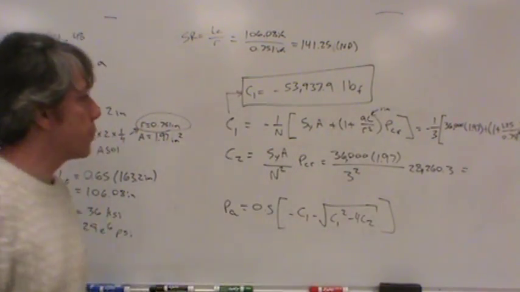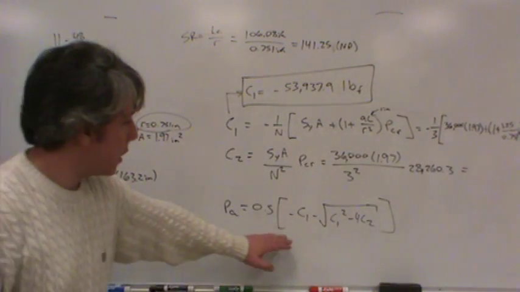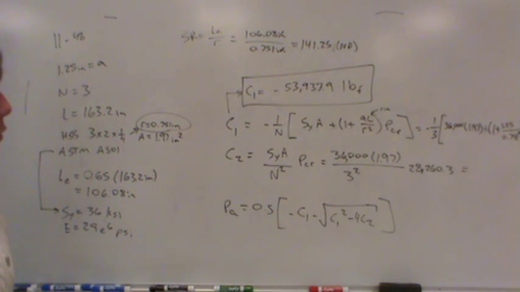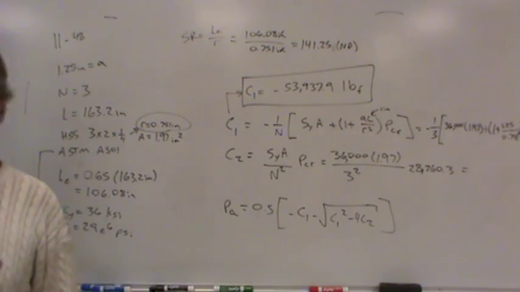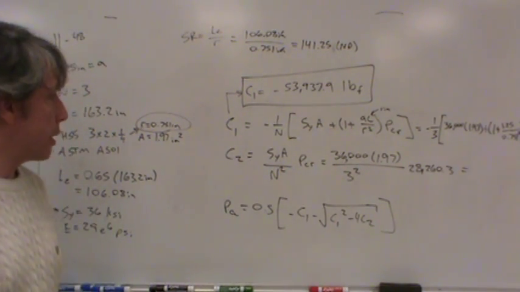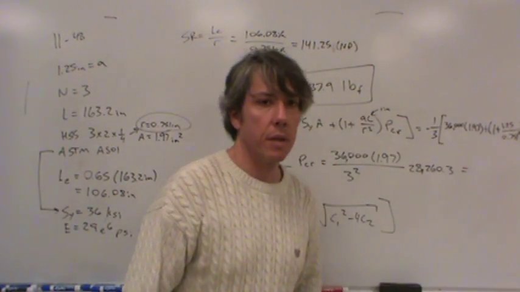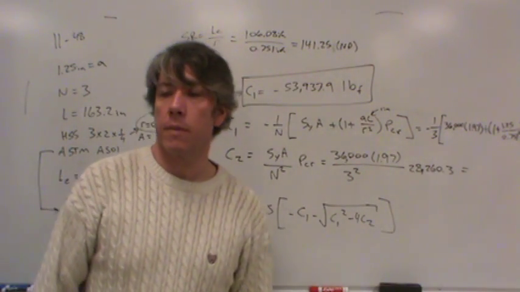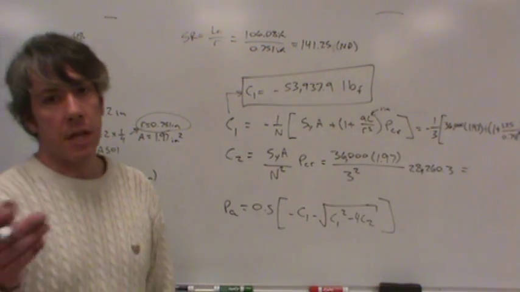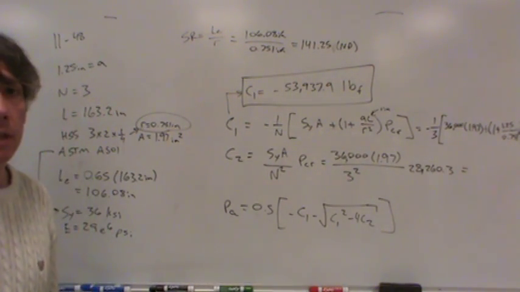These aren't the answers, but I'm putting a box around them because we're going to use them down here, so we won't lose track of them. This one's supposed to be a really big number. It's going to be big because we've got 36,000 times 28,000 or so. So put it in scientific notation, it's fine.